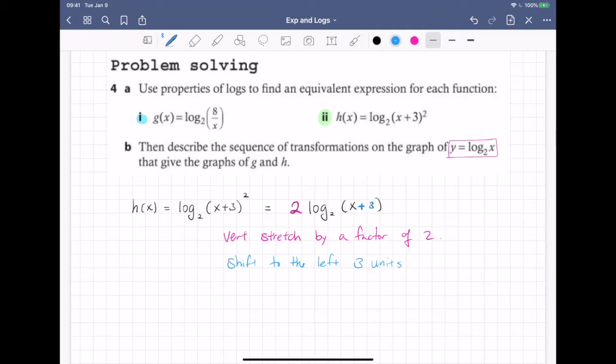You can use translation, but horizontal translation to the left by 3 units is a little bit longer than shift to the left by 3 units. So I'm going to write it this way. Your choice. All right, now I want you to try 4ai and describe the transformation there.